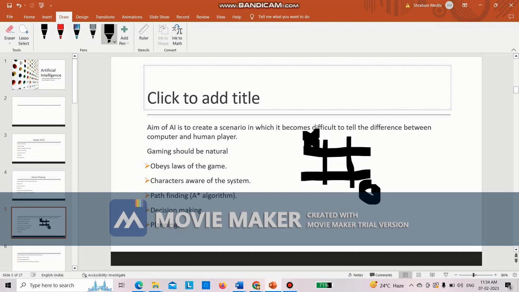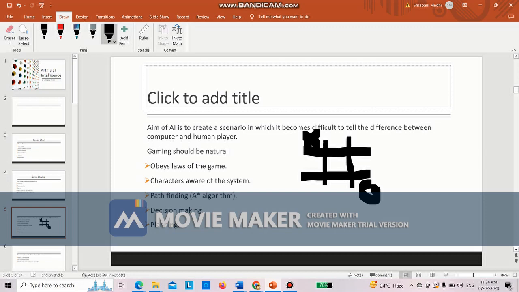What is the next step that the cross will give? In order to find the path, the main goal is that it needs to win the game, either horizontally, vertically, or diagonally. Since the circle is placed here, the cross will know there is no use going for this path. Which path I should take, that is the path finding task.